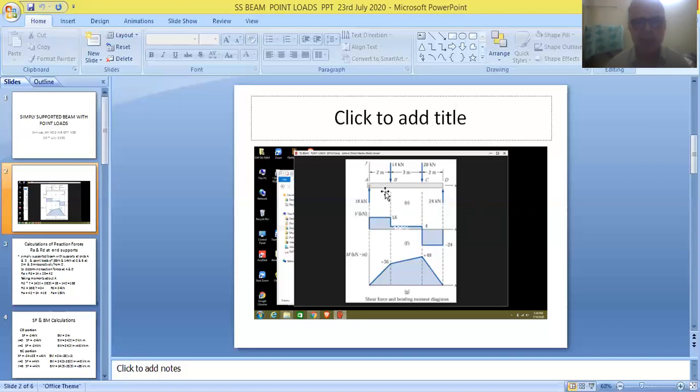The distances between these loads and the ends of the beam are given in the problem, and the distance between these 2 loads is also mentioned. Friends, these distances are very essential for solving problems on this simply supported beam.